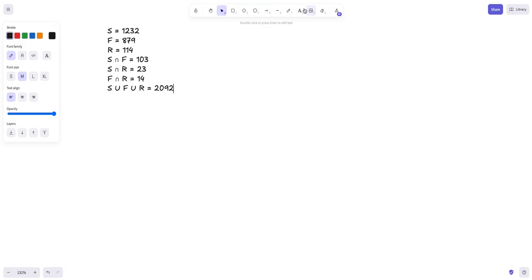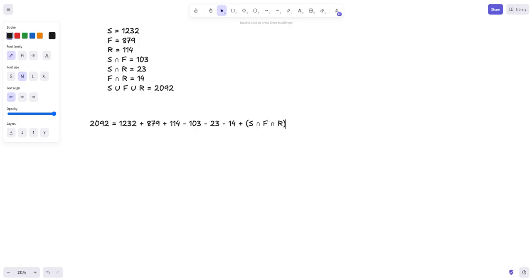So the formula would look something like this. We'd have 2092 is equal to 1232 plus 879 plus 114, and then we need to subtract all the intersections that we have, so 103 minus 23 minus 14 plus S intersection F intersection R. And this would probably be better to keep in brackets.